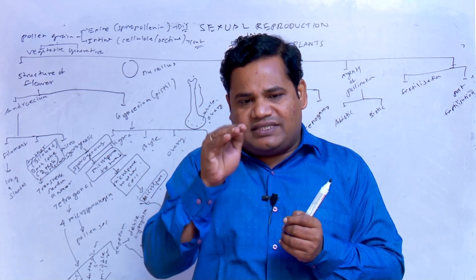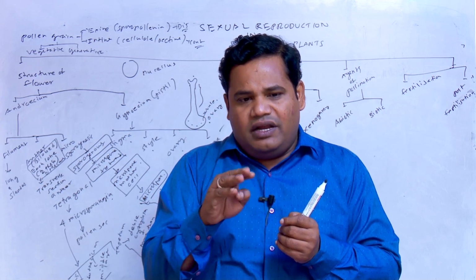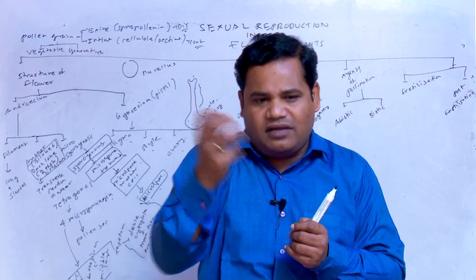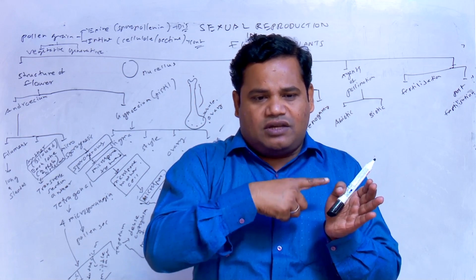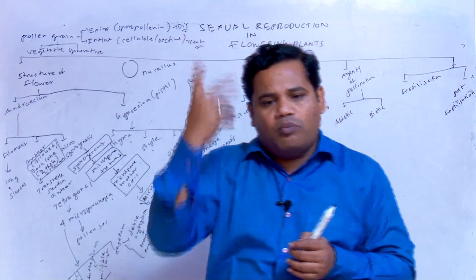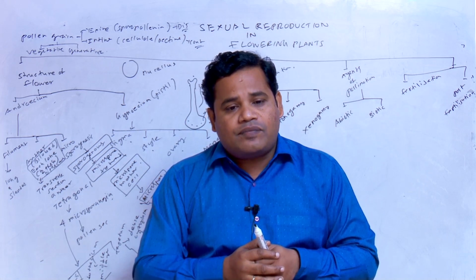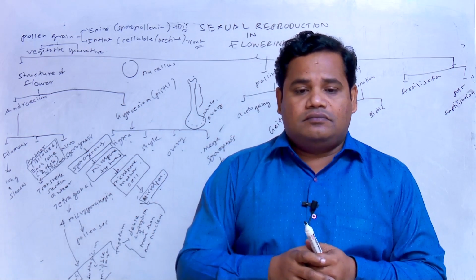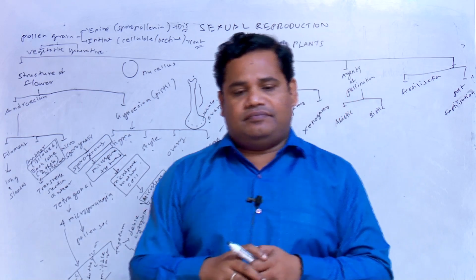After the 8 nucleate stage, cell walls are laid down, leading to the organization of the typical female gametophyte or embryo sac. The remaining two polar nuclei are situated below the egg apparatus in the central cell.